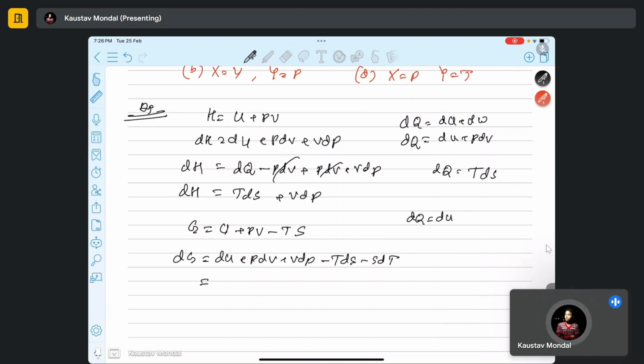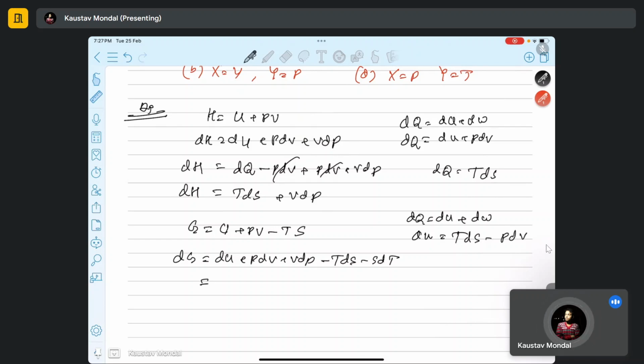Equal to dU plus dw, or dU plus PdV. Here dU will be simply TdS minus PdV.